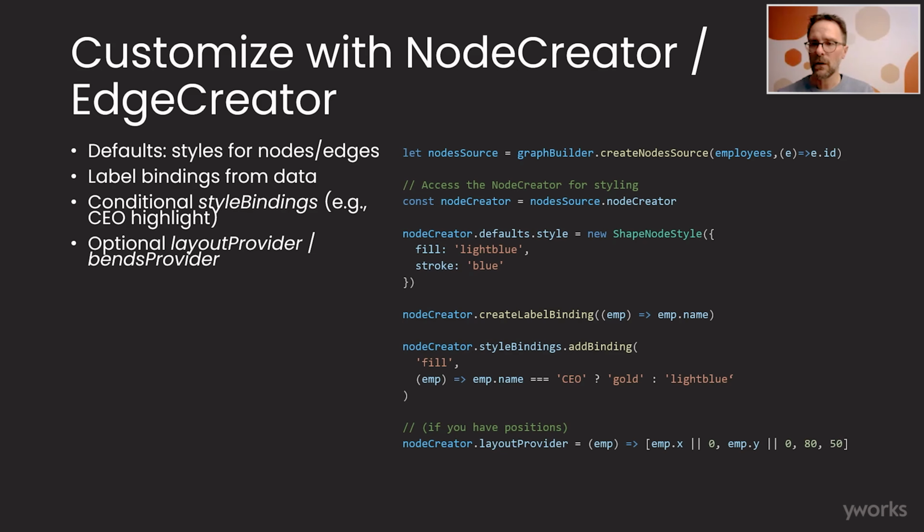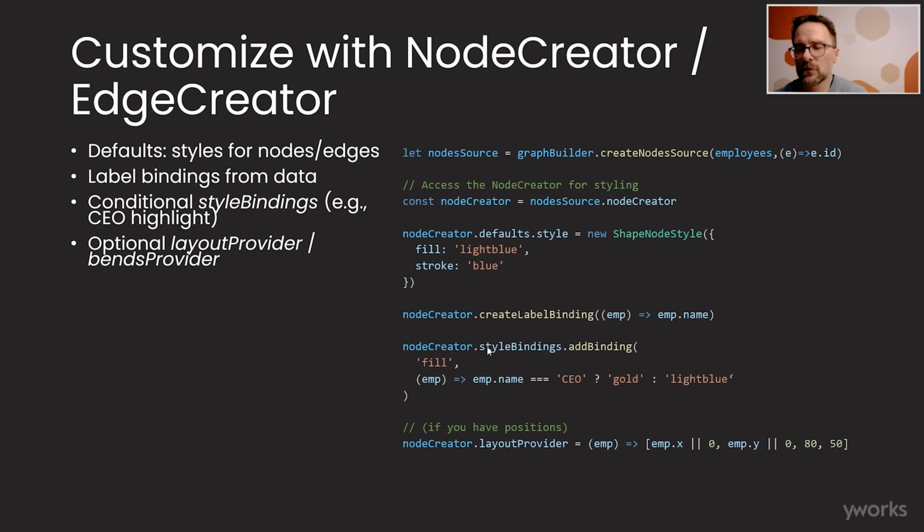elements. Also, using the node source, and exactly the same works with the edge source too, you can specify how to create labels for your elements just by specifying a label binding. In its simplest form, you just declare how to get from your data to the textual label, and yFiles will do the rest.